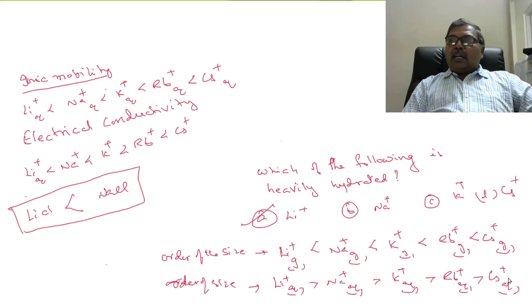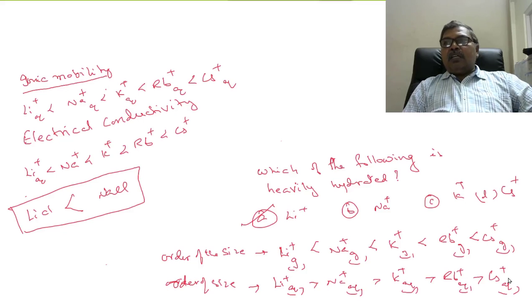So electrical conductivity of Na+ is more. Why? Because its ionic mobility is more. Why is ionic mobility more? Because the size of Li+ ion in the aqueous solution is more than Na+ ion. That is why Li+ ion moves slowly and Na+ ion moves fast. That is why aqueous Na+ is a good conductor of electricity. Therefore, the aqueous solution of NaCl is a better conductor of electricity than lithium chloride.